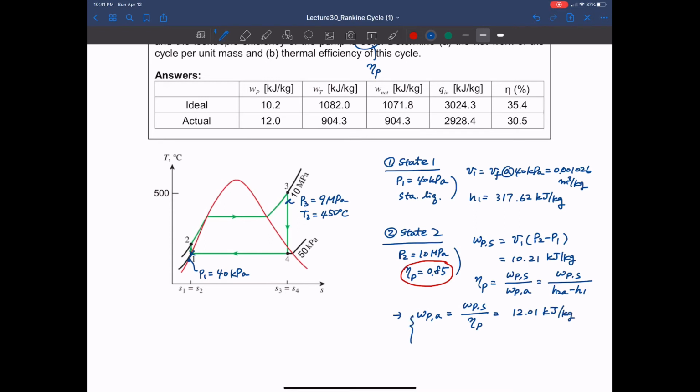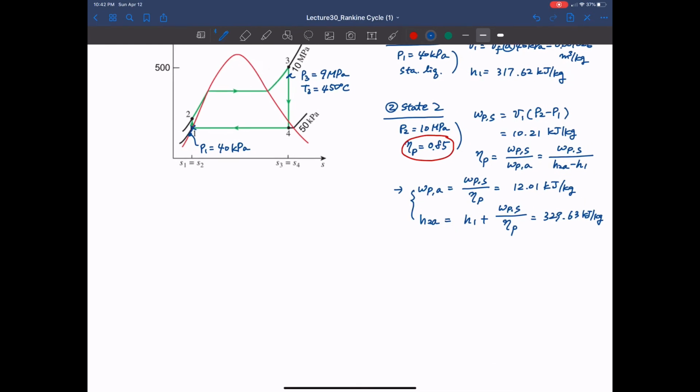And also H2A can be calculated by H1 plus WPA, so that is 329.63 kilojoule per kilogram. Again, calculating state 2 is a little complicated, particularly when you really think about the Rankine cycle. Okay, but I really want you to be familiar with this process.